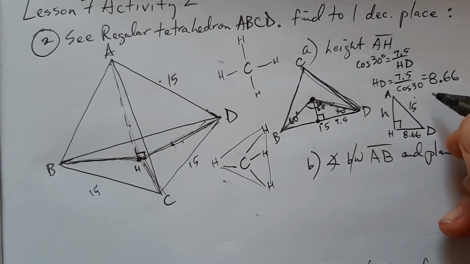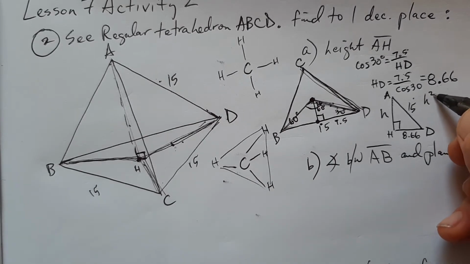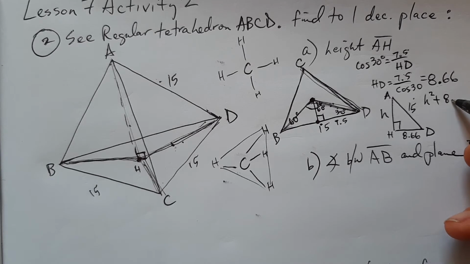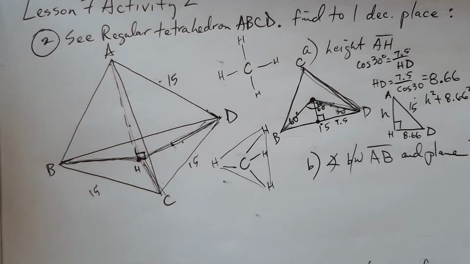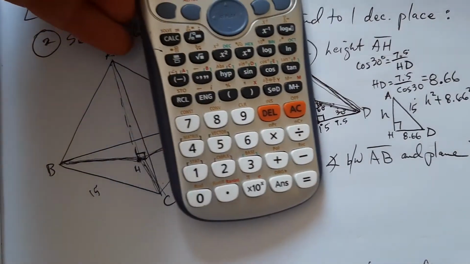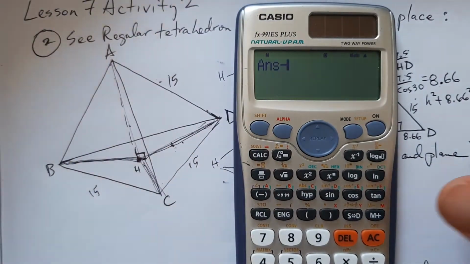Okay, so H squared plus 8.66 squared equals 15 squared. What is that going to be? I don't even have a good estimate of what that is. But let's just do it.